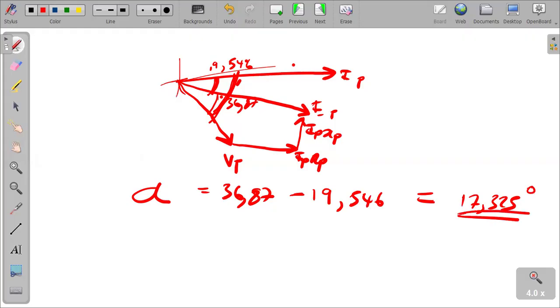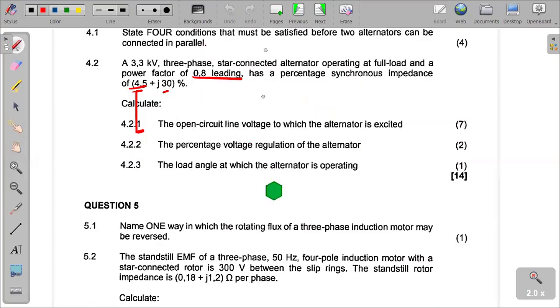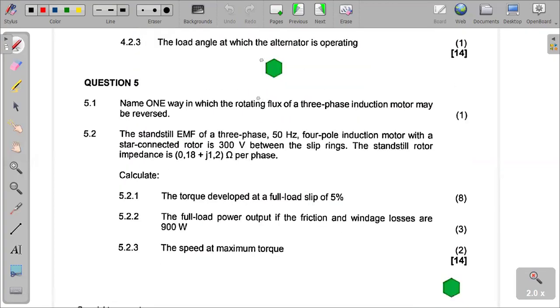We have calculated it. Let's quickly go on to question number 5. Question number 5 is saying, name one way in which the rotating flux of a three-phase induction motor may be reversed.